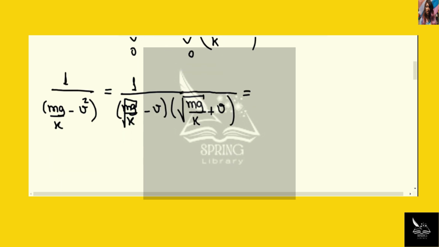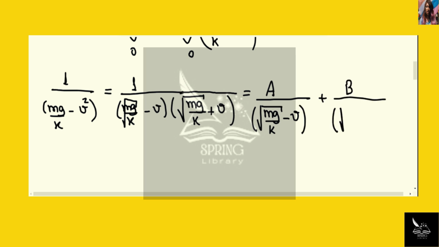I'm going to try to write it as a divided by the square root of mg over k minus v plus b divided by the square root of mg over k plus v.